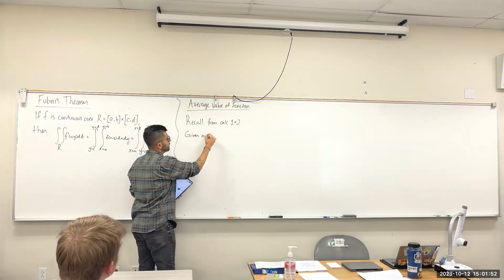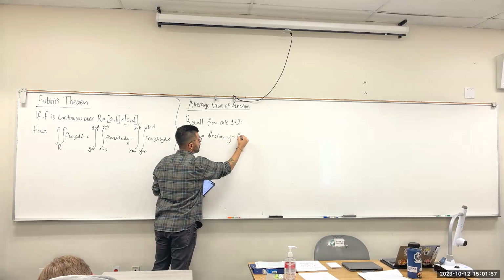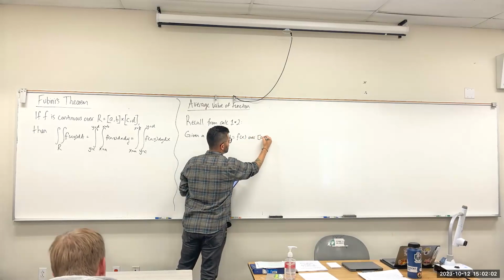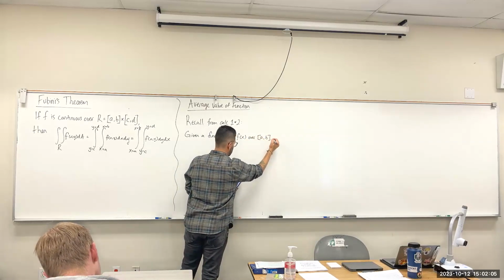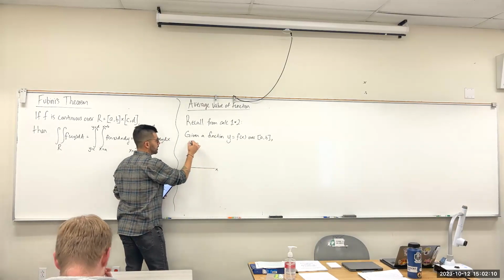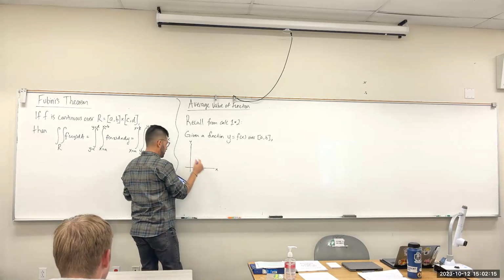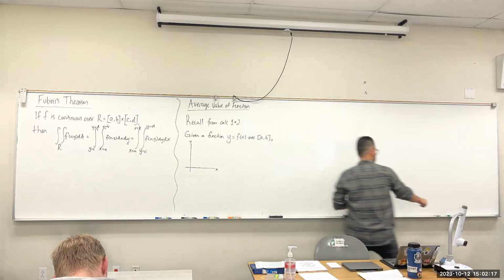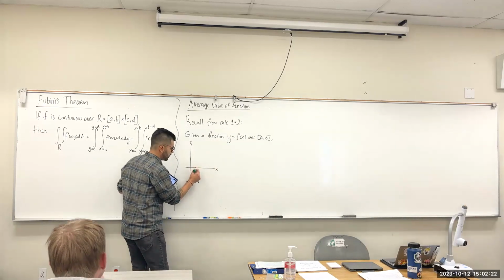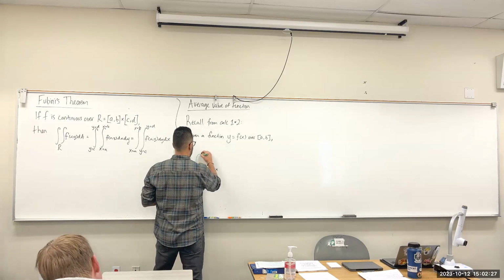If you're given a function where y is a function of x over some closed interval a and b, so you got x over here, you got y over here, and then you have the graph of f here, let's say this is a, and this is b. And the graph of f, let's say, goes like this.